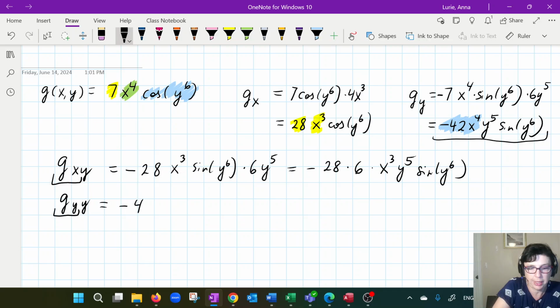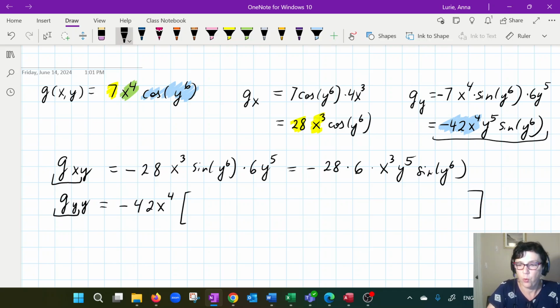So we're going to keep it. It's like a constant multiple, and then we're going to multiply it by the derivative of y to the 5 sine y to the 6 with respect to y. Well, what is that? Here, this is really a product. Y to the 5 is one function that has y, and also sine of y to the 6 is another function that has y. So whenever you have a product, this is where you have to use product rule.